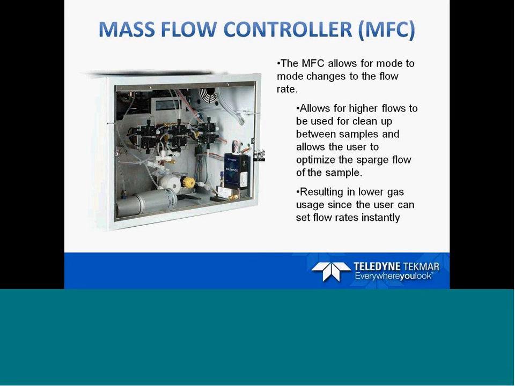So if I want to decrease the amount of time that it takes to run a single sample or a single replicate, I want to be able to increase my sparging flow. Or I may want to increase the flow as I'm cleaning up the system. So it gives you the flexibility to adjust the flows as you need them based upon individual applications.